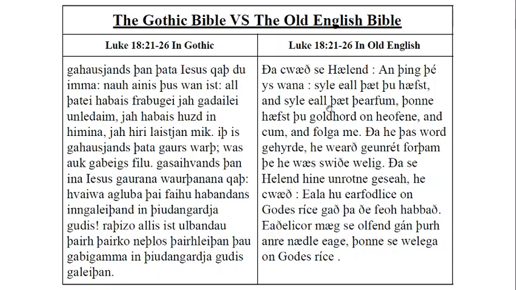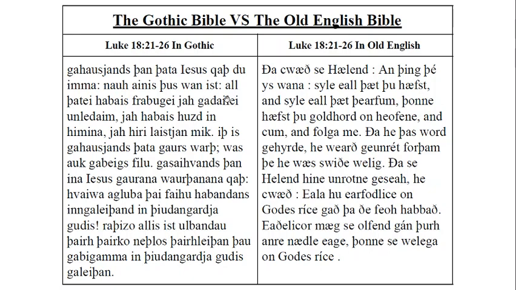We can see an interesting example of the word order in the Old English being more predictable when Jesus says, "Sell all that thou hast, and sell all that therefrom." Sell all you have and sell it to the poor, or give it to the poor.